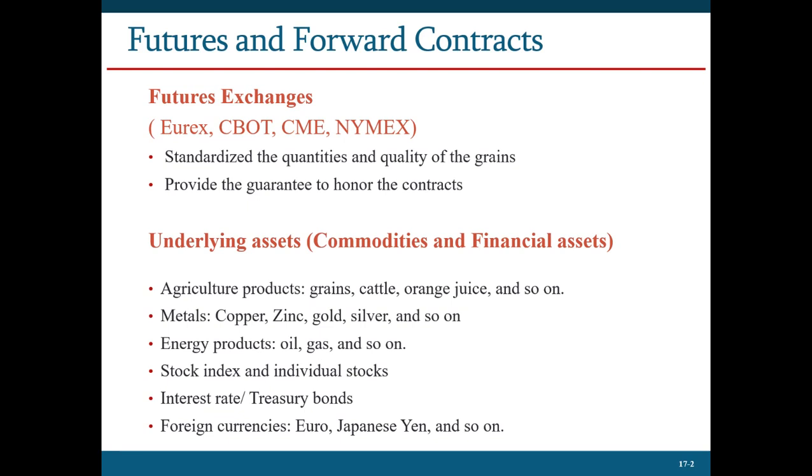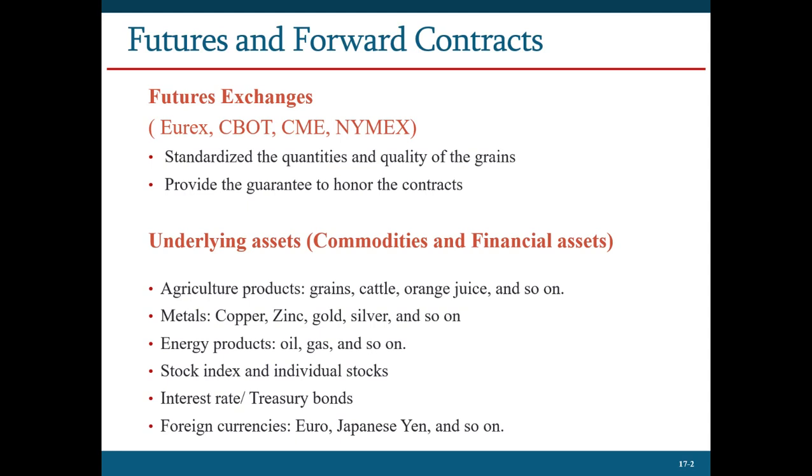Here interest rate is just a number, not a feasible asset, but interest rate has a very close relationship with Treasury bond prices, and we know that there's an inverse relationship between bond price and interest rate. So the futures price changes in Treasury bonds reflect the changes in interest rate. That's why we call Treasury bond futures contracts interest rate futures.